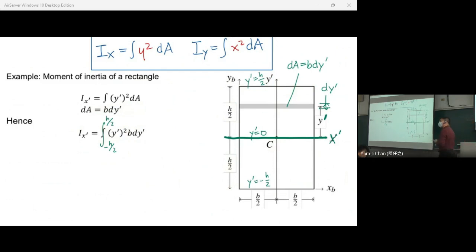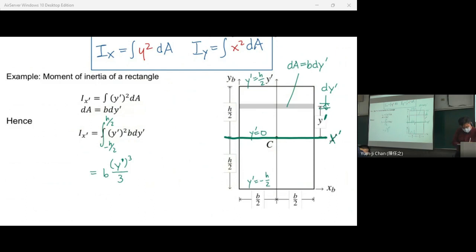Okay? Now, the rest is calculus. It's a matter for the calculus class. You know how to do it, right? So this one is equal to b y prime cubed divided by 3, right?